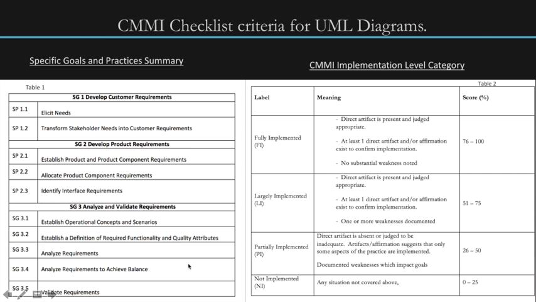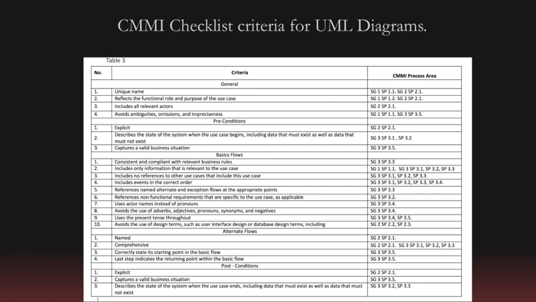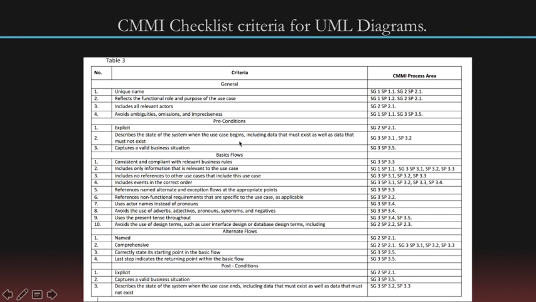Before I talk about table 2, I'm gonna go to table 3, because here in table 3 we have CMMI checklist criteria. These are the criteria for UML diagrams. Any UML diagrams, these are the checklists for CMMI.